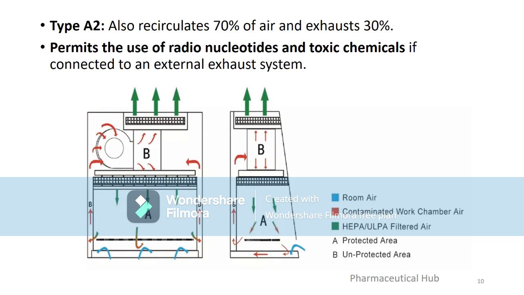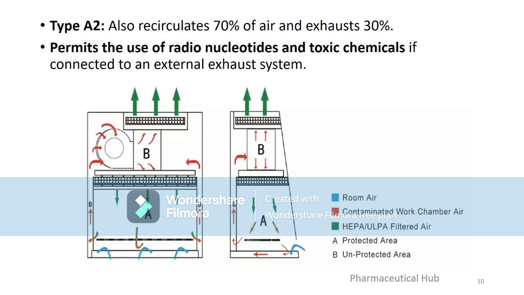Class II Type A2, left. This is a partially recirculating cabinet. Airflow, room air, blue arrows, enters through the front grille. The internal fan, labeled B, pulls contaminated air, red arrows, from the workspace A up to the top. Filtration and exhaust. This air is then split.